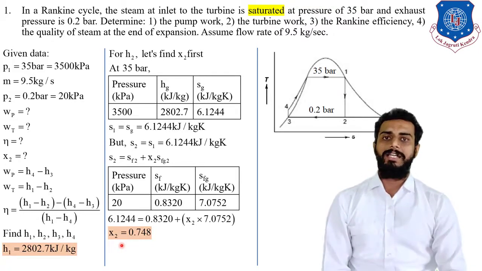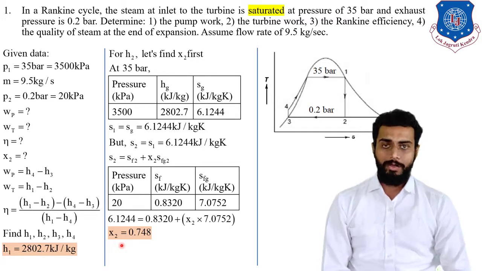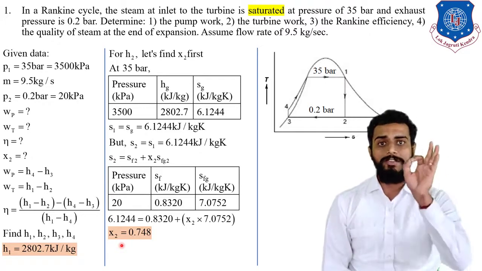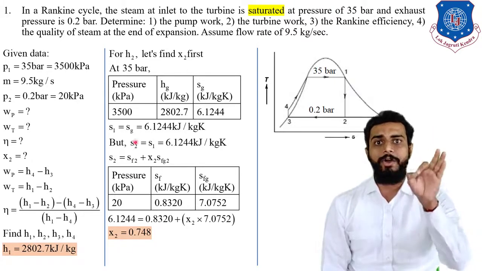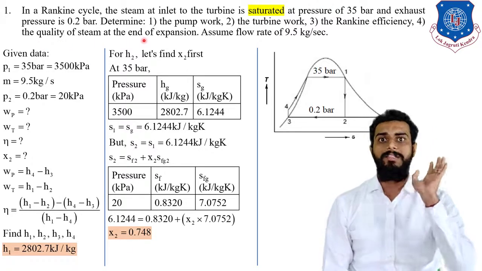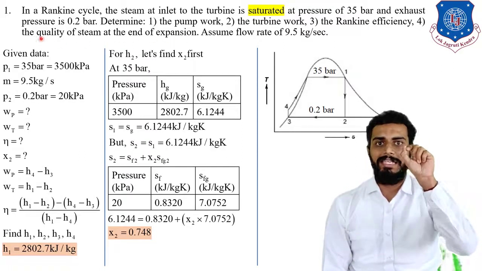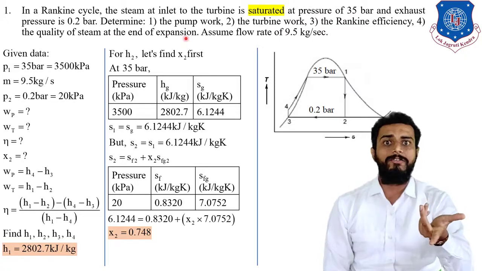Okay, now that is the X2, and that was also asked in the numerical to find out the condition of the steam at the end of isentropic expansion. Now remember, isentropic expansion process is the process 1 to 2 itself.